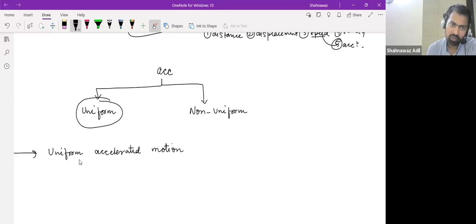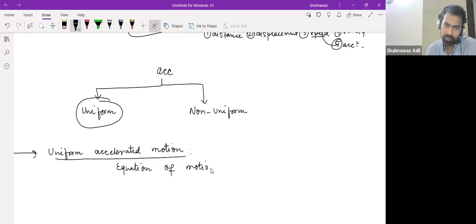So for uniform accelerated motion, we have different equations of motion, right? This you have already learned. So first, I will write it in vector form. V equals U plus AT, where this A is constant.